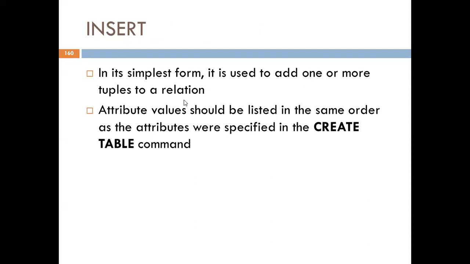If we have specified USN in the beginning, name as the second one, then mobile number as the third attribute, in the same order we must supply the values. How to change the order and how to specify the insert command, we shall see with an example.